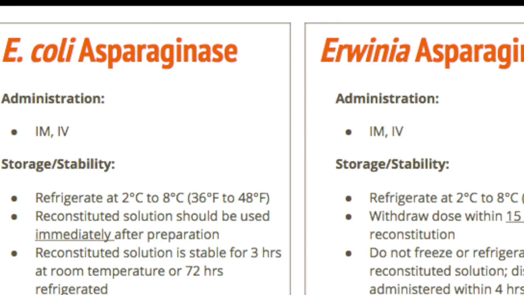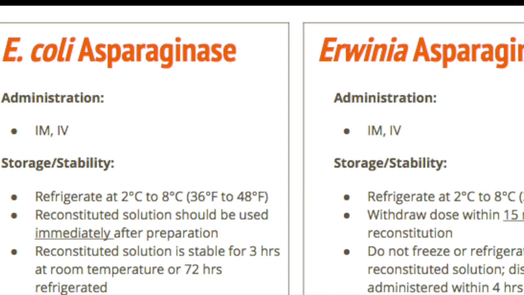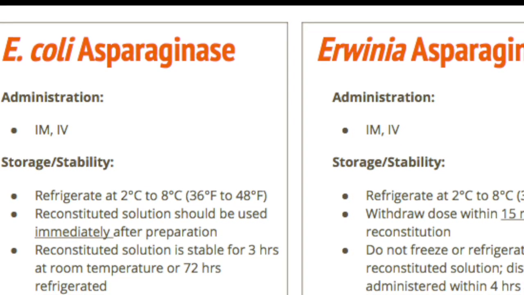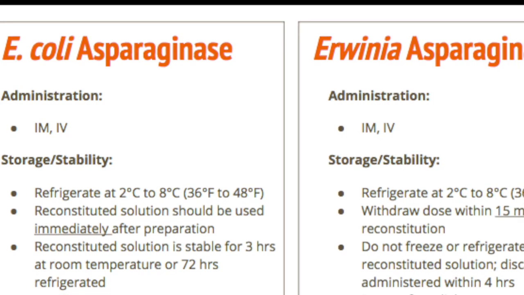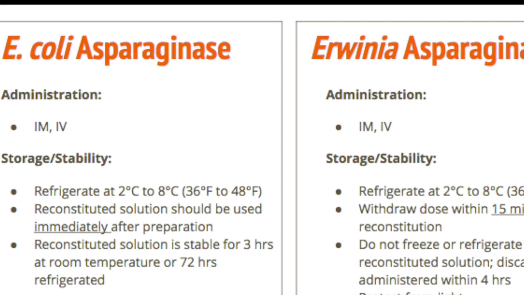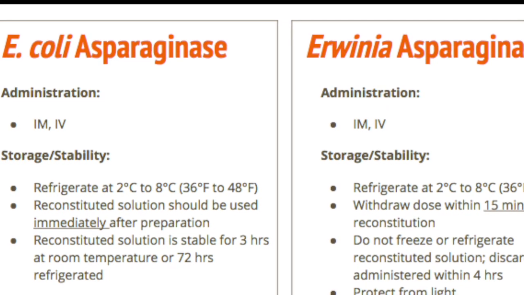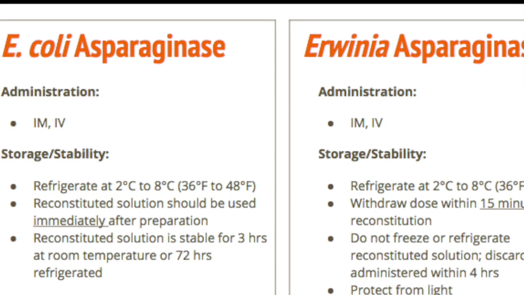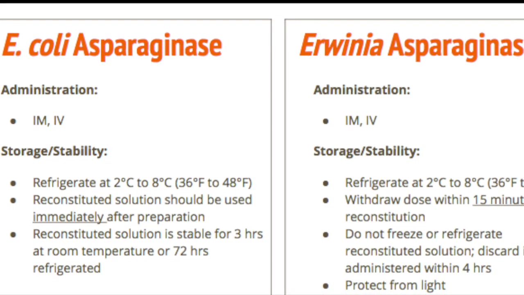Asparaginase comes in various formulations, for example, E. coli and Erwinia. Both are given as intramuscular and intravenous injections, and both are refrigerated at 2 to 8 degrees Celsius. In E. coli formulations, the reconstituted solution should be used immediately after preparation.